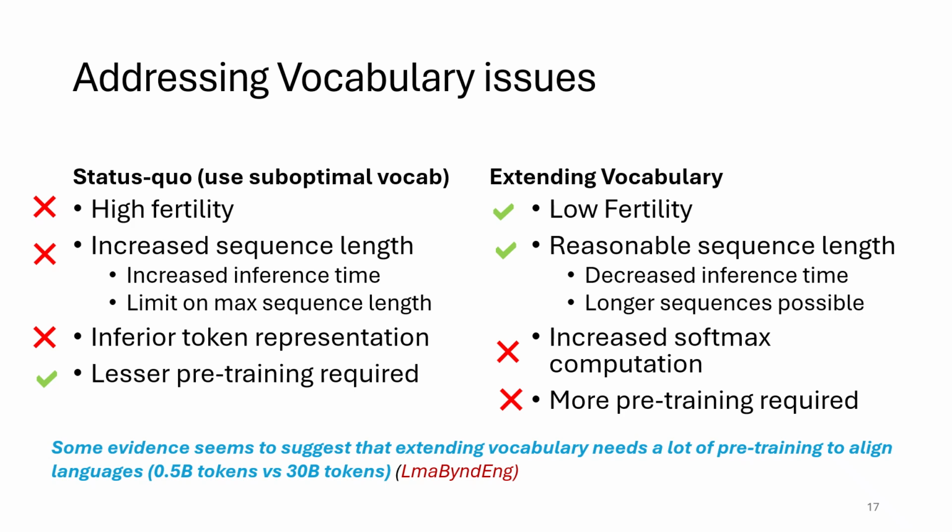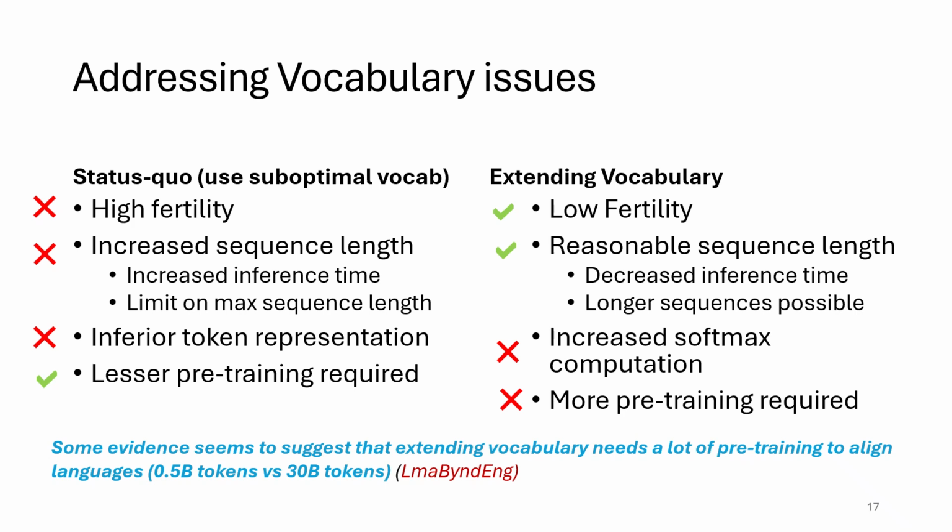With vocabulary expansion, you can achieve lower fertility and reasonable sequence length, but you would need more softmax computation because the vocab size has increased. That might not be a big penalty to pay, but you might need more pre-training so as to align the new language to the already trained model, which works well with English.